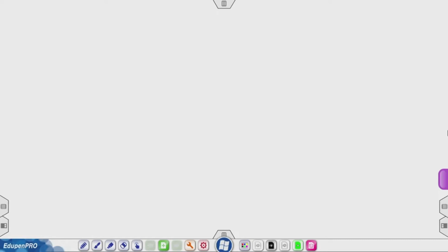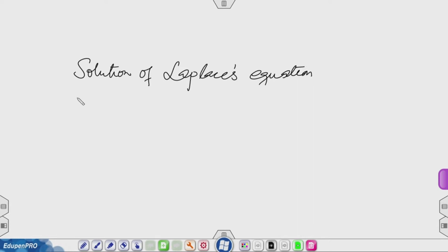This week, we are dealing with solution of Laplace's equation. And so far, we have considered the solution in 2 dimensions.